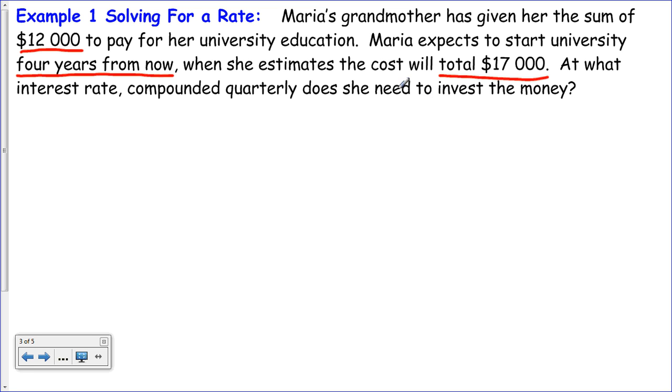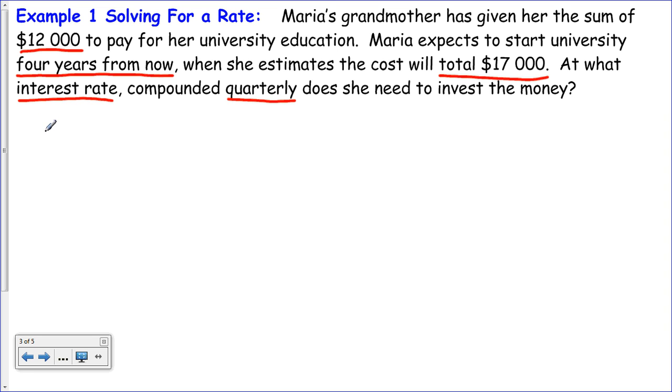At what interest rate, compounded quarterly, does she need to invest the money? So we have our principal, our accumulated amount, and our time frame of 4 years. We know the compounding period, so the only thing left unknown is the rate.